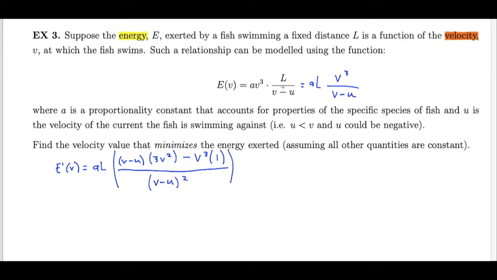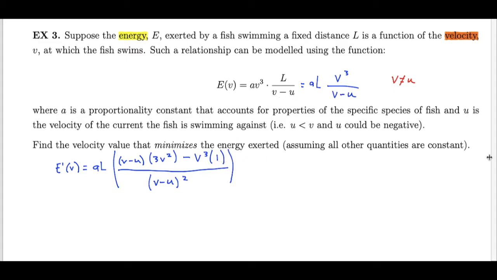I should note that because of the structure of this energy function, we cannot have v equal to u, which would yield a denominator of 0. So that's going to be a detail that we have to keep an eye on throughout the rest of the problem. And then I just wanted to point out that this is the derivative of my denominator, and we are considering u to be constant. So the derivative of v minus a constant would just be the number 1.